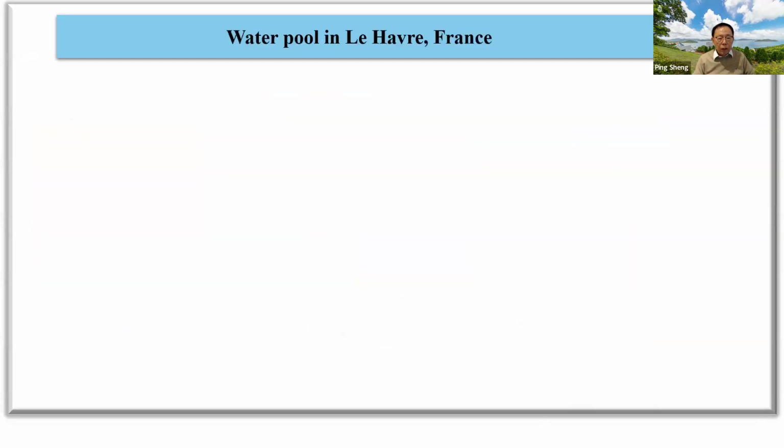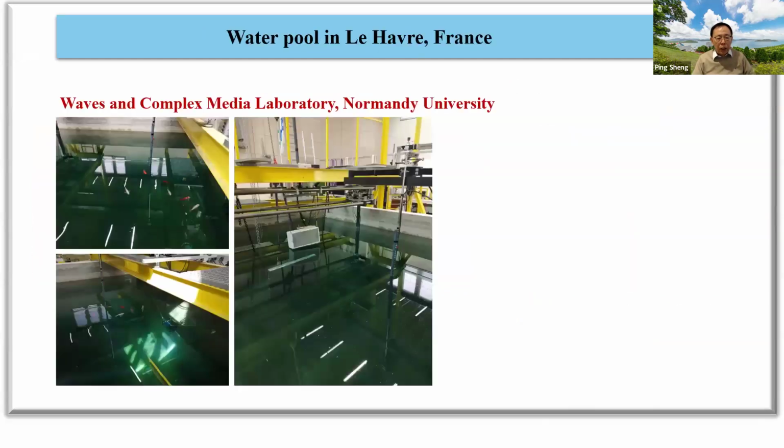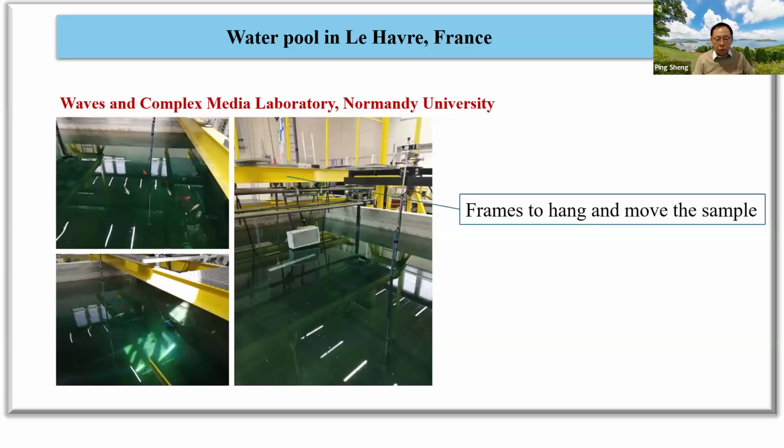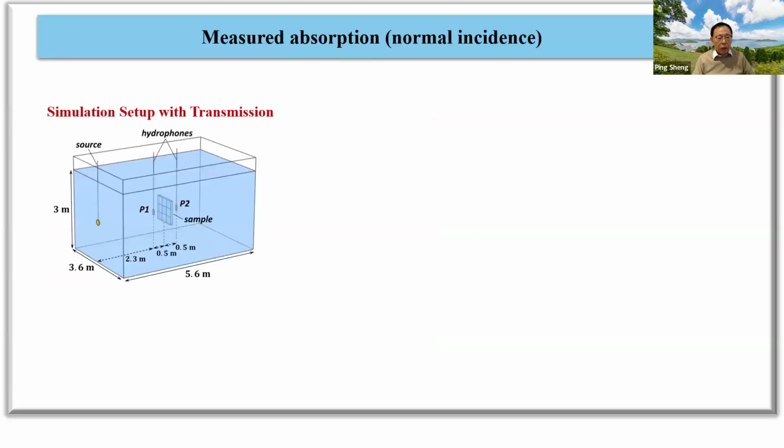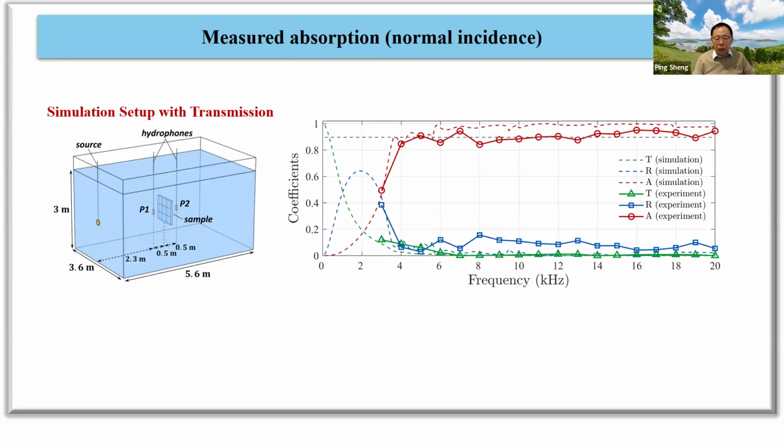And this was measured at the Normandy University in a large pool. Okay, this is a photo of this experiment. And you can see the length is 5.6 meters, the depth is 3 meters, and the width is 3.6 meters. And the experimental result is like 90%, okay?